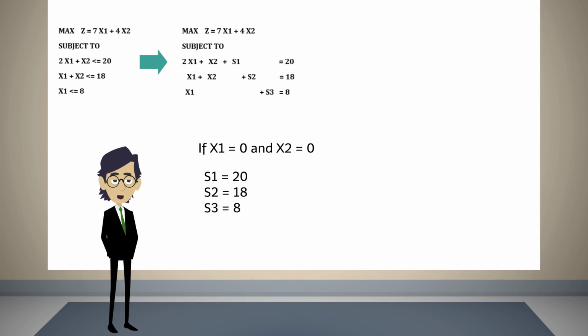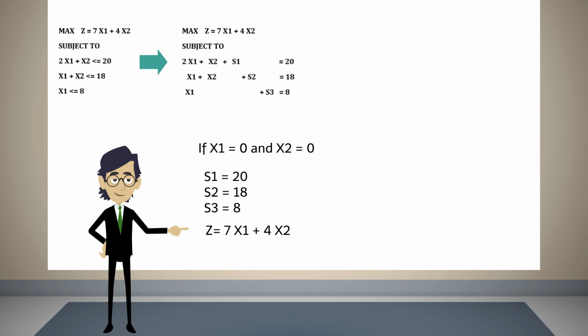It is obvious that this represents a solution to the system of equations. But this solution makes the value of z equal to 0, and we are interested in maximizing this value. If we observe the expression which represents z, then we can see that the value of z will increase faster if we increase the value of x1.